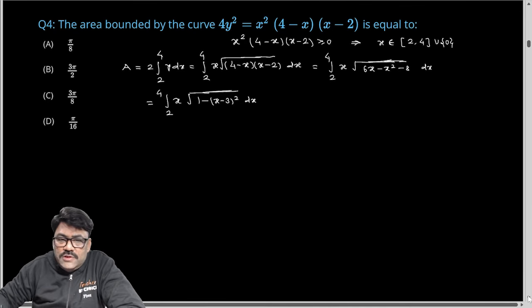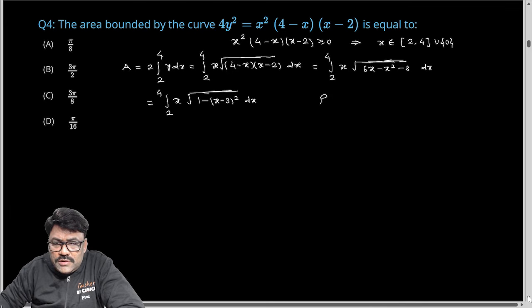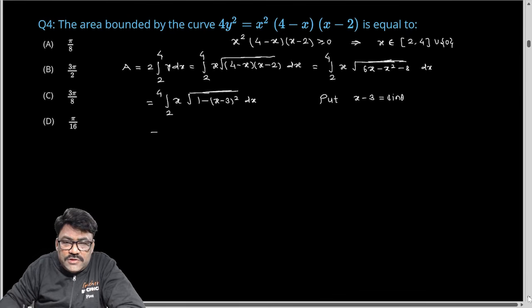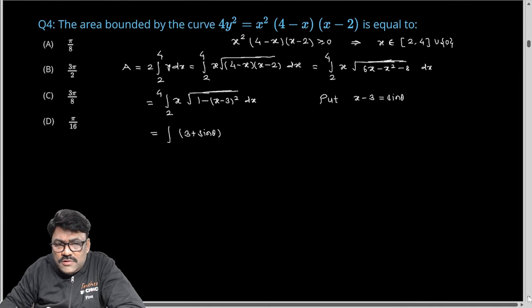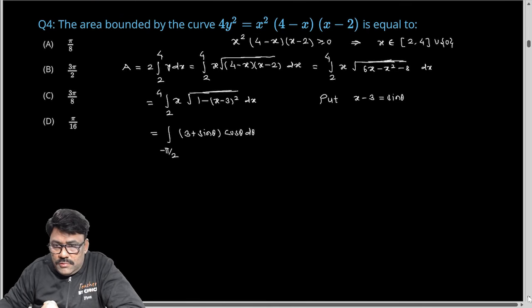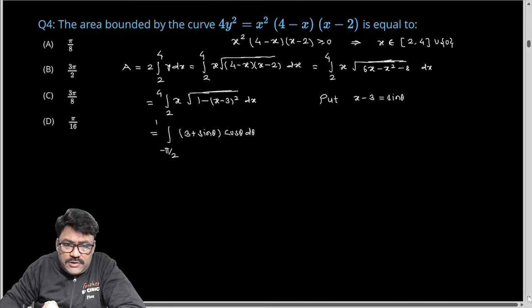Yes, it is correct. So now to integrate it, let's substitute x − 3 as sin θ. So now x will be 3 + sin θ, and under root 1 − sin²θ is cos²θ, so you will get cos θ here. When x is 2, θ will be −π/2, and when x is 4, θ will be π/2.